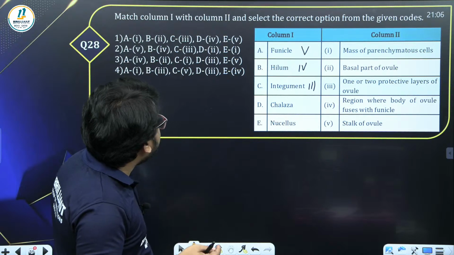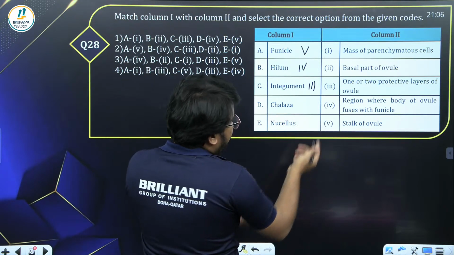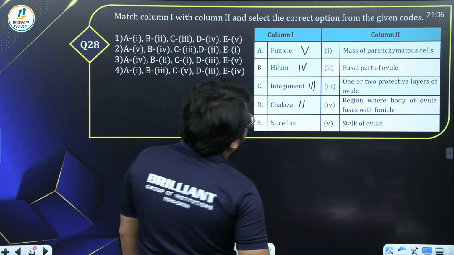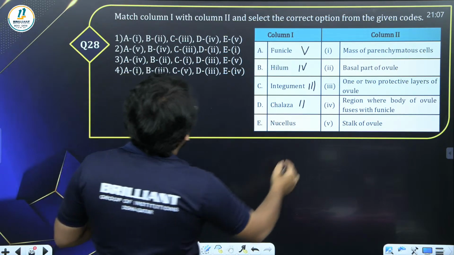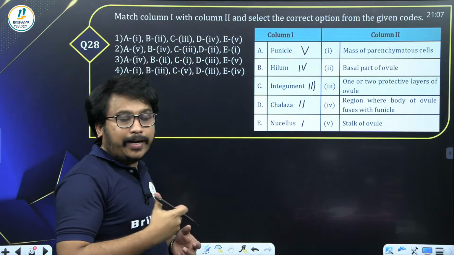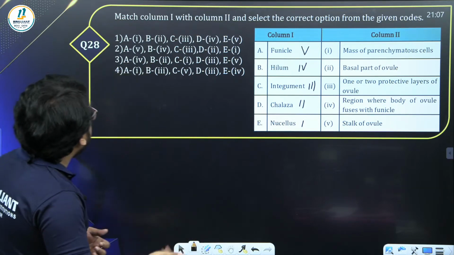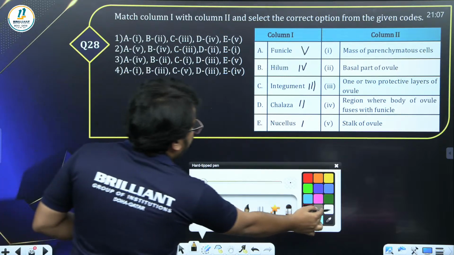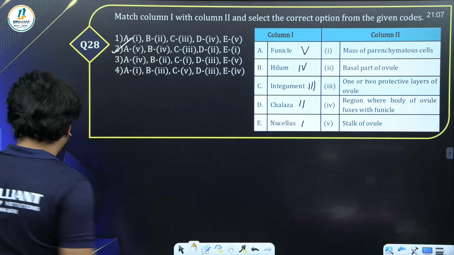Then chalaza, the basal part of the ovule from where integuments are arising, that is actually called chalaza. Then nucellus, mass of parenchymatous cells that will be providing nutrition to the developing embryo sac, that is actually called as the nucellus. Hope you got this much. So answer 5, 4, 3, 2, 1, that is 2.